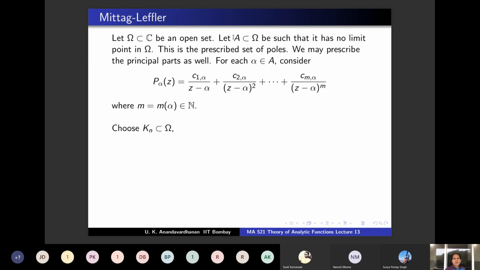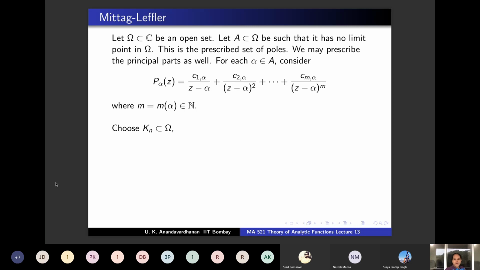Is the statement clear? You have given me a set without a limit point, and you also have given me these functions associated to each alpha. Now we have to construct a meromorphic function on omega whose poles are precisely points of this set. Not only that, at each alpha, when you expand that function f in its Laurent series, the principal part of the Laurent series is precisely P_alpha. This is what we have to do.